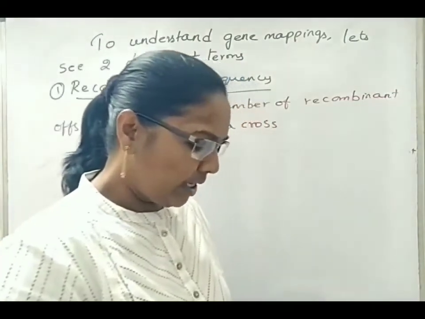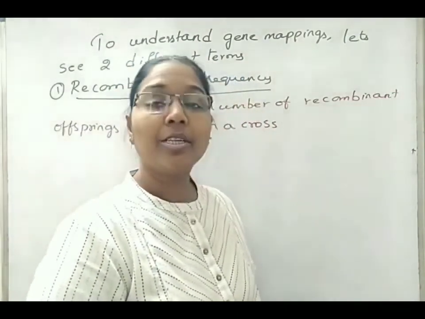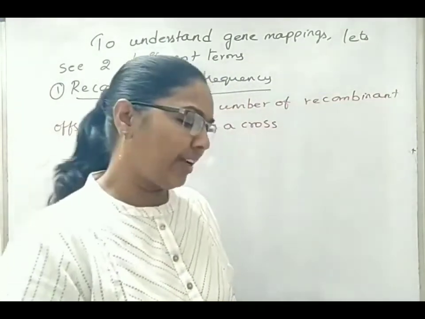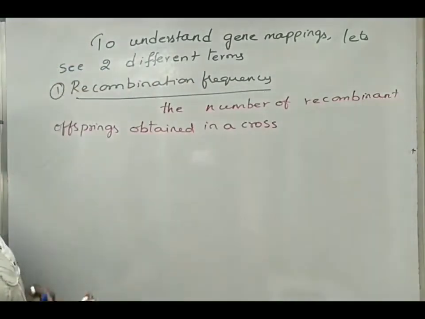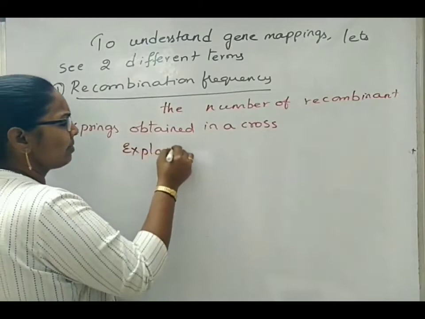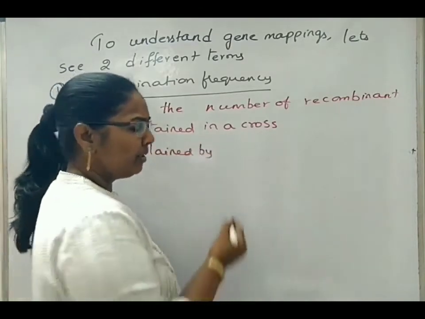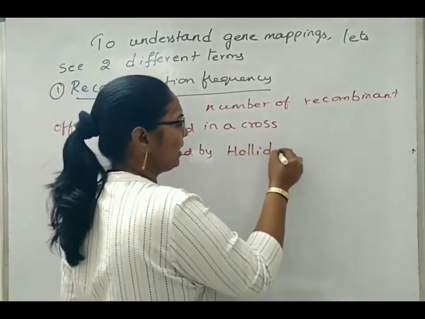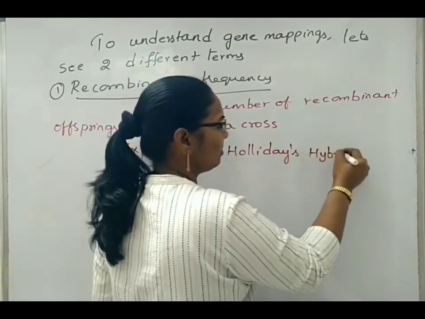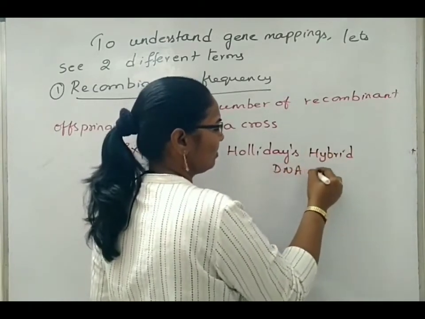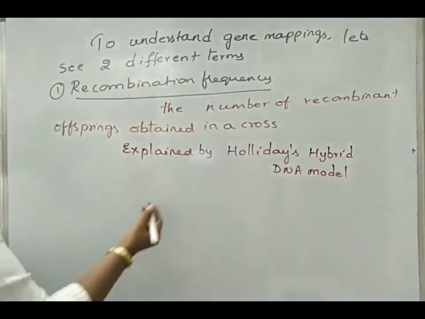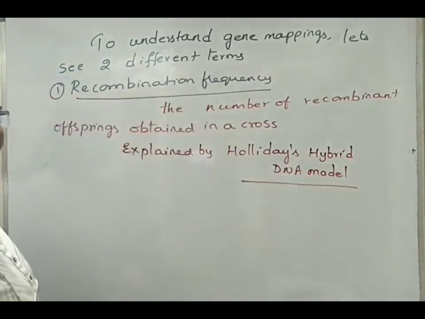Next, we know how recombination happens. Recombination happens by breaking up of DNA and recombining with new DNA fragments. This recombination frequency is explained by one type of model, that is Holliday's hybrid DNA model. But a detailed explanation is not necessary here. Just the term is enough from your NEET point of view.